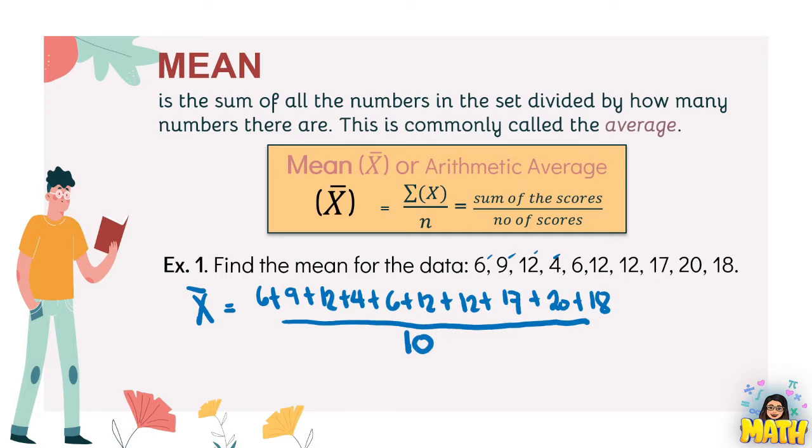So, i-add lang po muna natin yung mga scores. That will give us 116 divided by 10. That will be 11.6. That means the mean or the average of the following set of data is equal to 11.6.